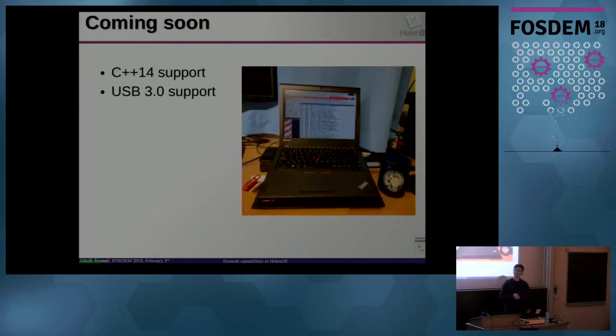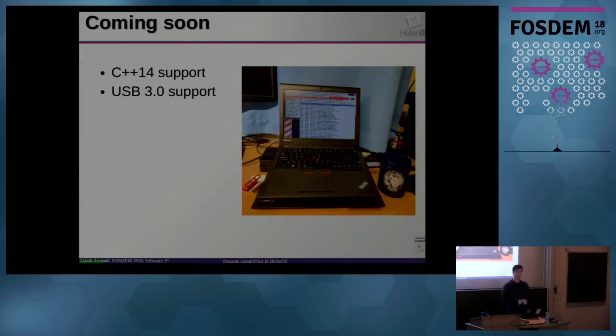As for things that are ahead of us, that will hopefully be merged into HelenOS soon, there is C++14 support, which will or should be ready sometime in February, and a USB 3.0 enhancement of our already existing USB stack.